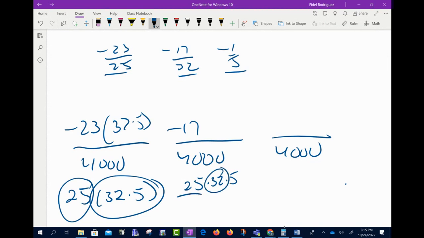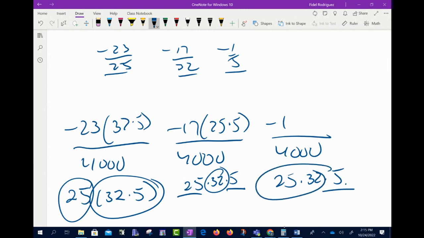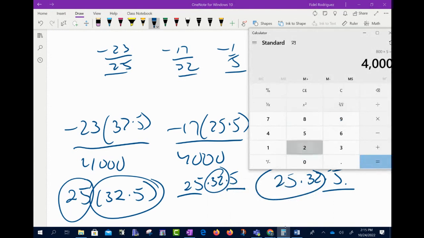We already had the 32. Those were the ones that we brought in extra, right? We got a negative 1 there. 25, 32, and 5. We already had the 5. These were the extra ones that we brought in extra, right? 25 and 32.